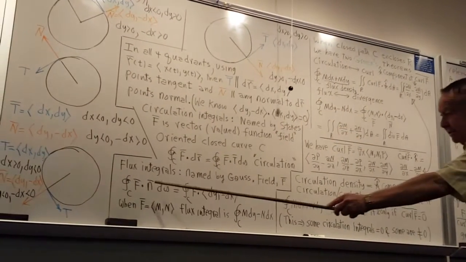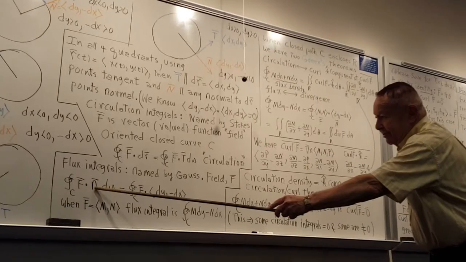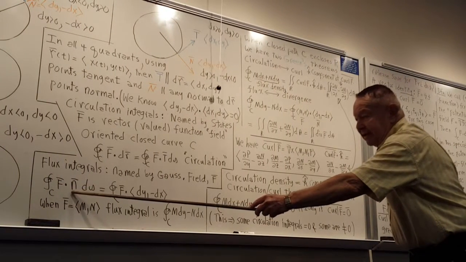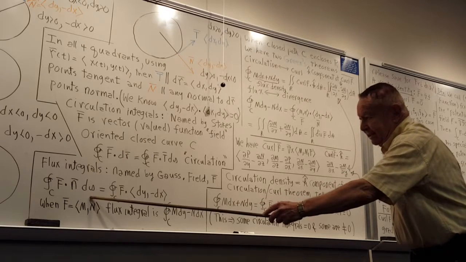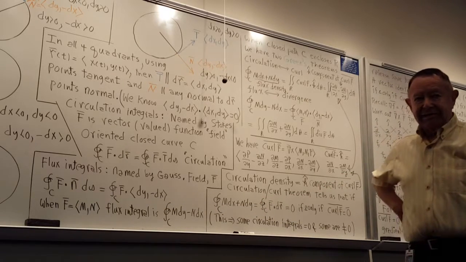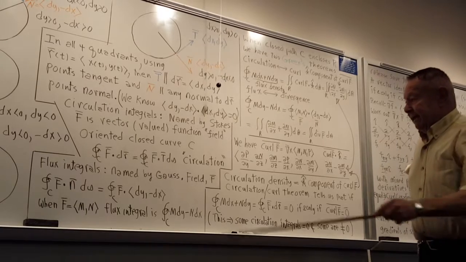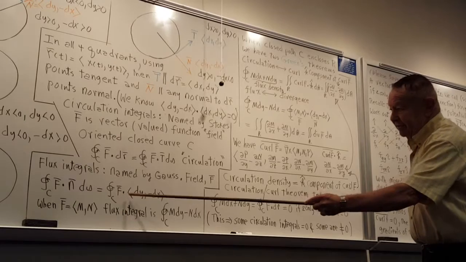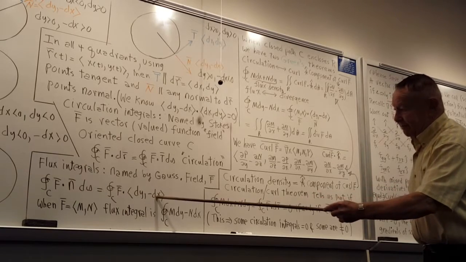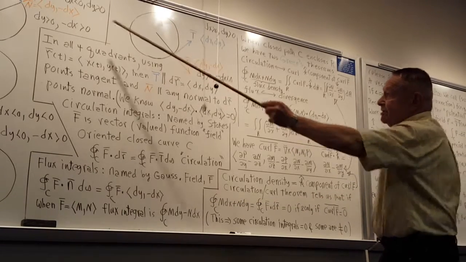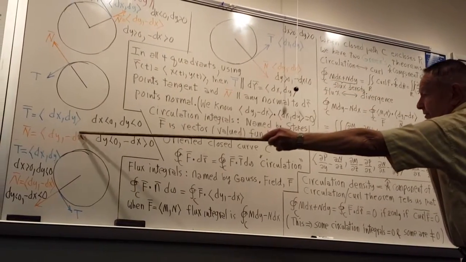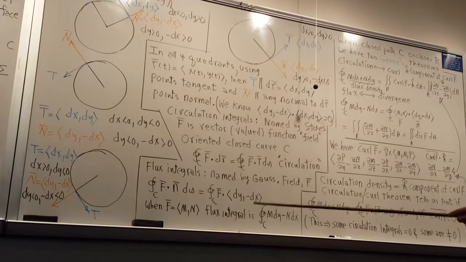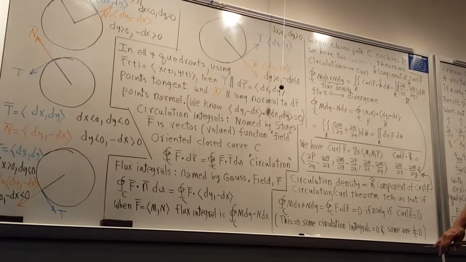Here, you see, it's a little different letter, N. This would be F dotted with the unit outward normal, and then ds would be your differential arc length. And so you can also write it like this, F dot dy minus dx, because that's the outward pointing normal in all four cases. That's why we just talked about that, so I can use it here.